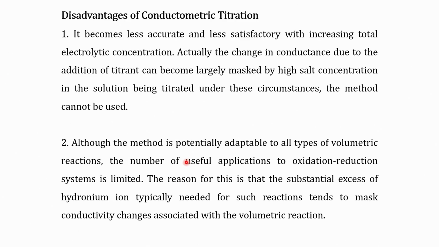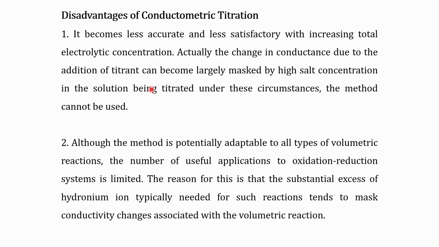There are a couple of disadvantages of conductometric titration. It becomes less accurate, less satisfactory with increasing electrolytic concentration. If there are more ions, it becomes a little tricky. Actually, the change in the conductance due to the addition of the titrant can become largely masked by high salt concentration. This is the problem.